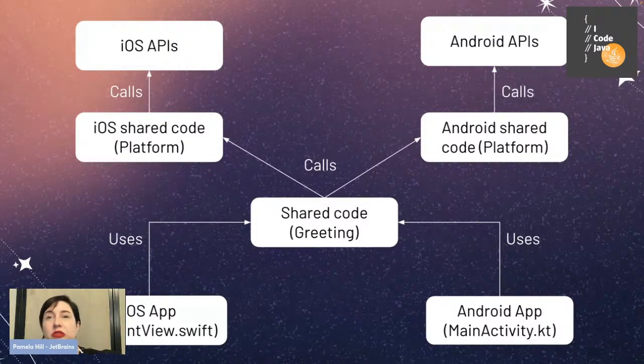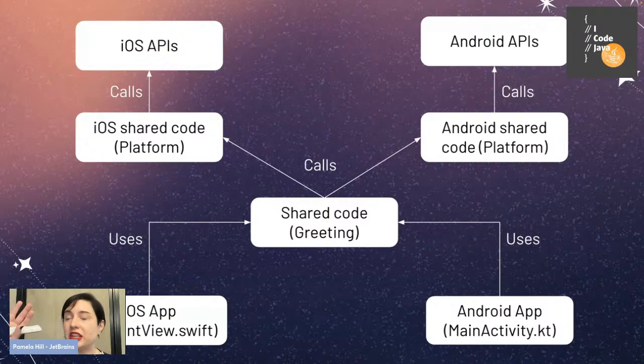And that makes use of a platform class that accesses iOS APIs to get that system name and system version. So that's what's happening on the left-hand side. On the right-hand side, we have the main activity that uses the shared code, that greeting. And that shared code makes use of the platform class to access Android APIs to get that SDK version.